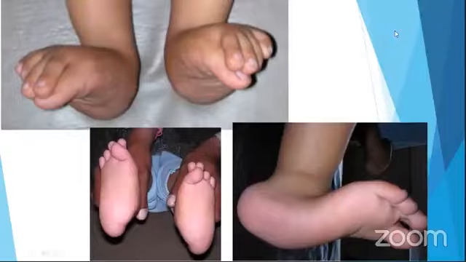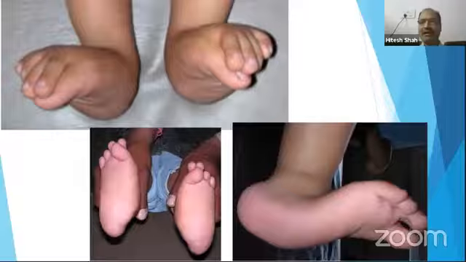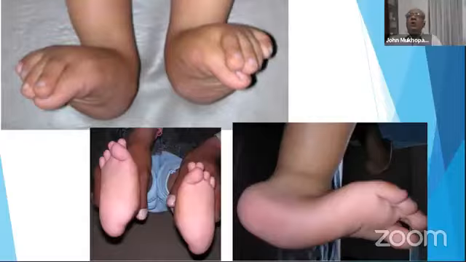Avinash: In the first picture, on the left side, there is metatarsal adduction in the forefoot, and in the second and third there is a spherical sole, and there may be congenital vertical talus. What do you mean by spherical sole?